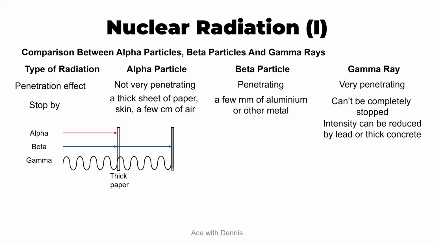And if I place an aluminum sheet here, the beta particle will be stopped, but the gamma ray will continue to travel in a straight line. And if you place thick lead here, the gamma ray will still continue to travel straight, but with less intensity.